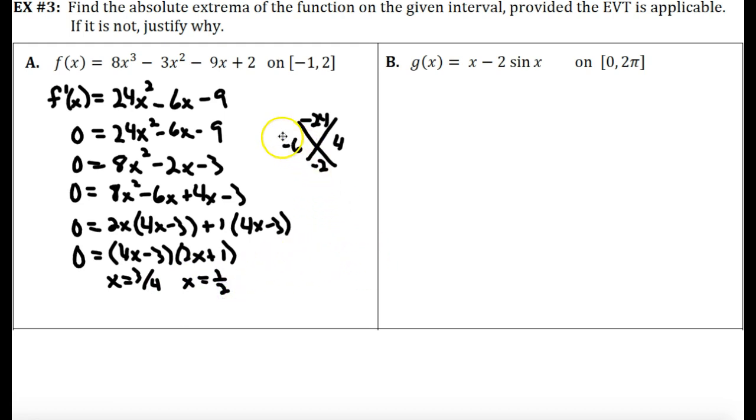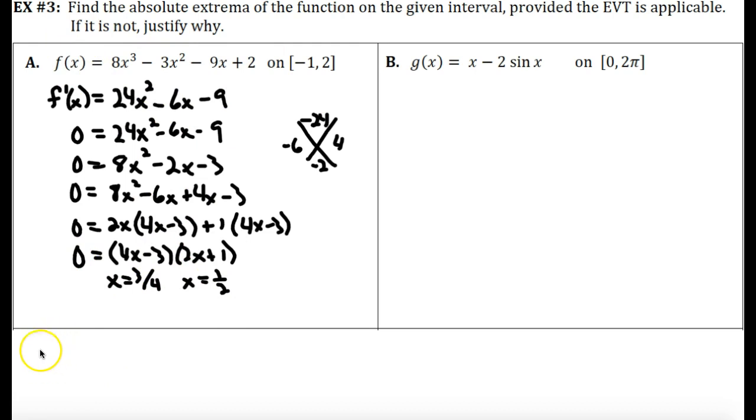So we found that our endpoints are -1 and 2, and the places where the derivative is equal to 0 are at 3/4 and -1/2. There aren't going to be any places where the derivative is undefined. This is just a quadratic, so there aren't any corners, cusps, vertical tangents, or discontinuities. So I want to take all 4 of these values and plug them into my function.